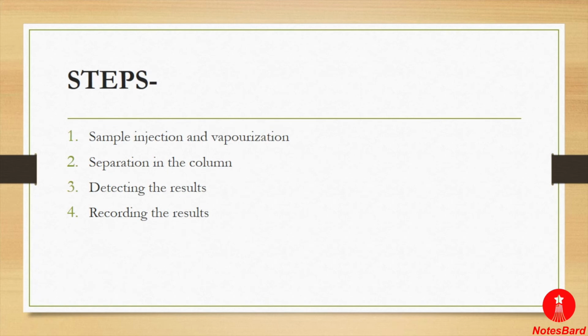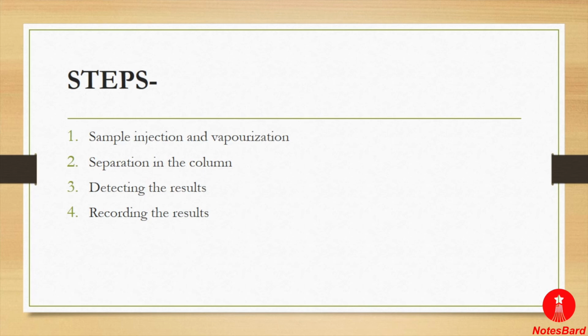Now let's discuss the steps of gas chromatography. The gas chromatography mechanism includes sample injection and vaporization, which is followed by the separation of the components in the column, and then detecting and recording the results.